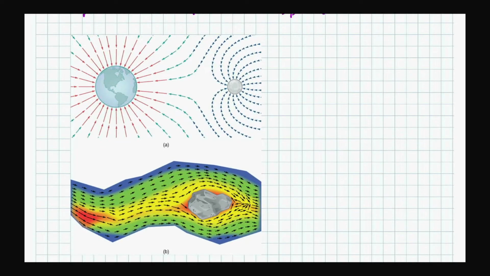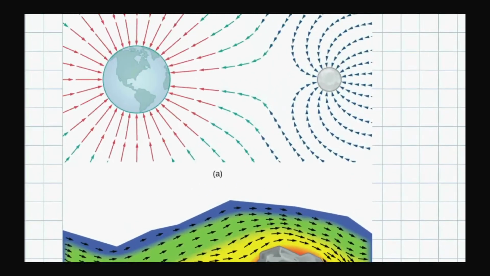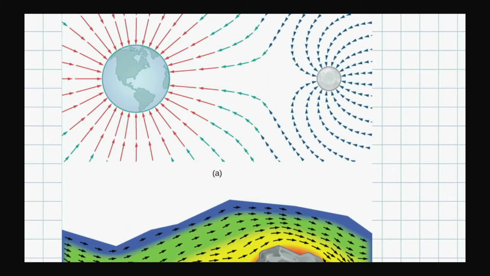Okay, so here we go. Here's an example of a couple of vector fields. All you're looking at here is that at every point in space, they're drawing a little vector, right? They're not drawing it at every point of space because you wouldn't be able to see it. They're just picking some points in space and drawing the vector there, but you get the idea. So at each point, you're drawing a vector.